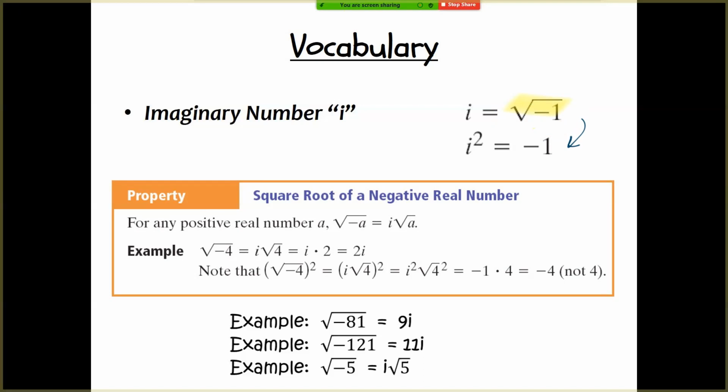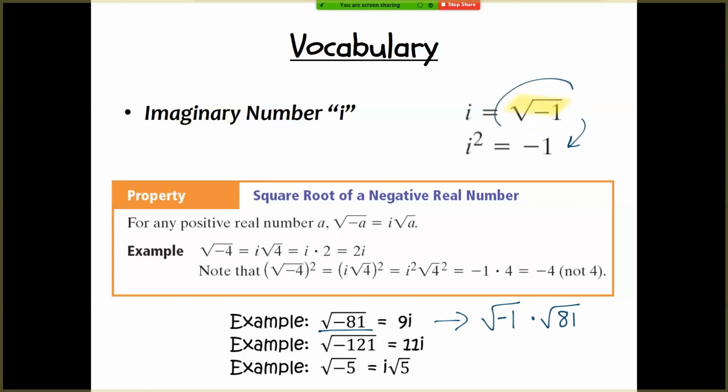So I'm going to skip down to the bottom. So there's the technical definition underneath your property. But down here, if I look at the square root of -81, what that really means is I have the square root of -1 times the square root of 81, because -1 times 81 is -81.